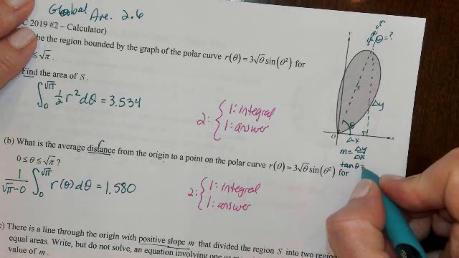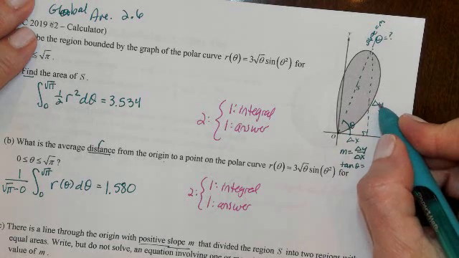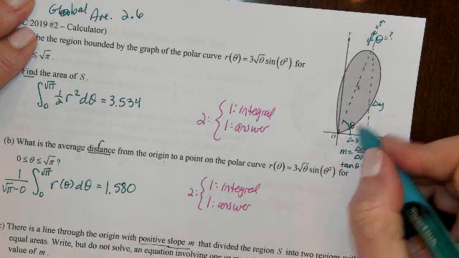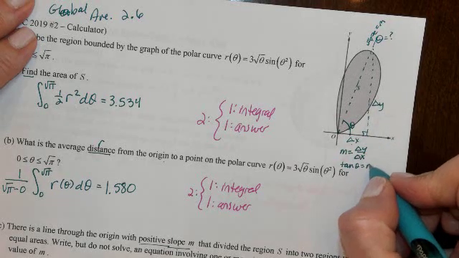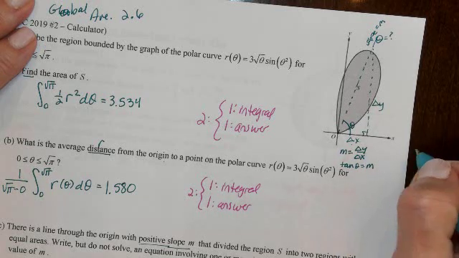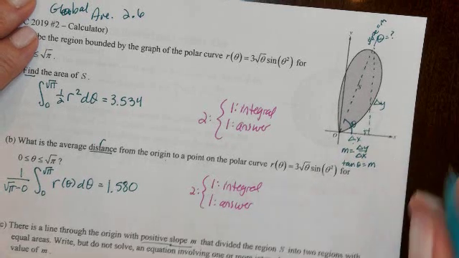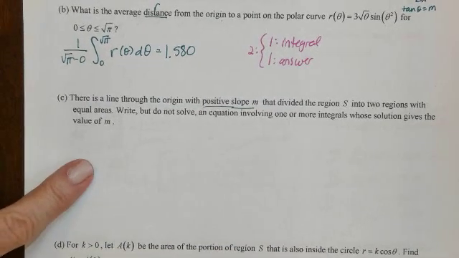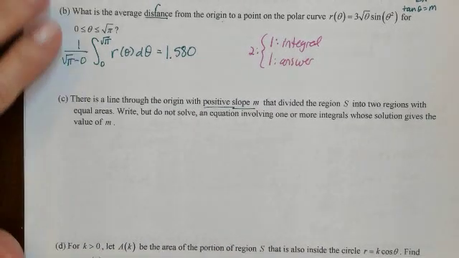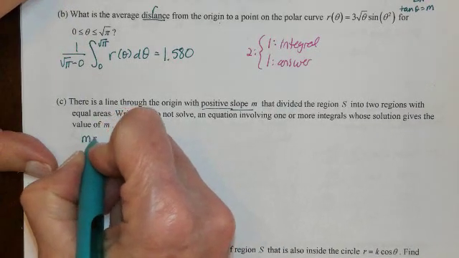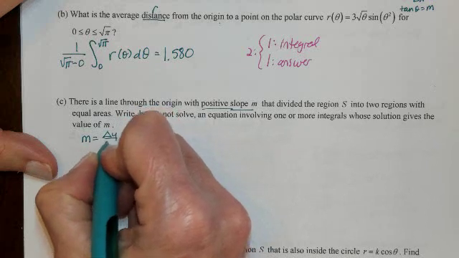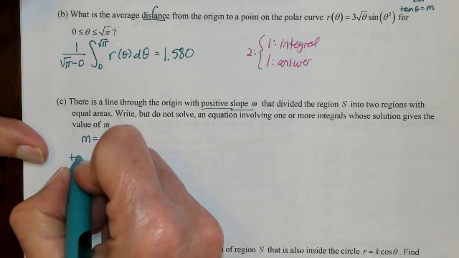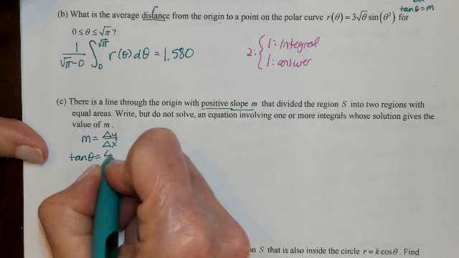Tangent of theta is delta y over delta x, so tangent of theta has to be m, because that's what m is. So let's go down here and write it in my area where I'm supposed to write everything. m is equal to change in y over change in x. But that's also what tangent theta is equal to.